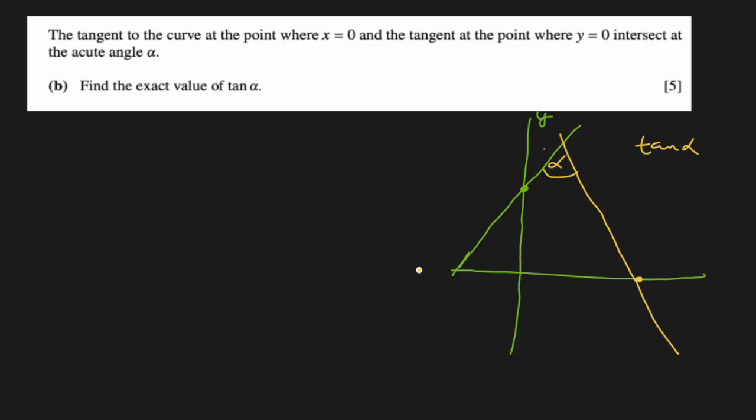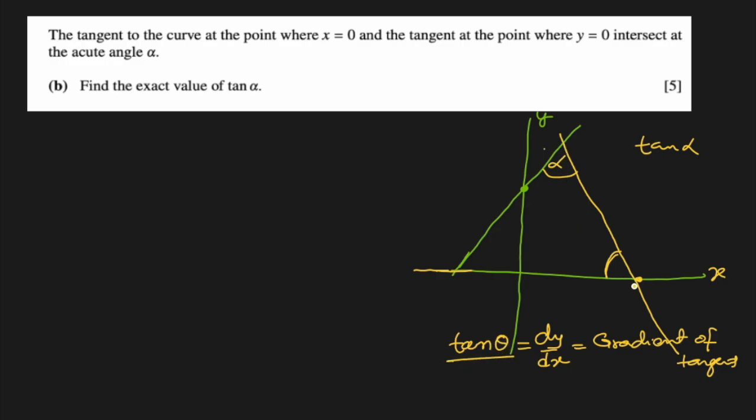So can you see here? First of all, you should know that dy over dx is actually the gradient of the tangent, right? And whatever angle it makes with the x-axis, the value of tan of that angle is the gradient.